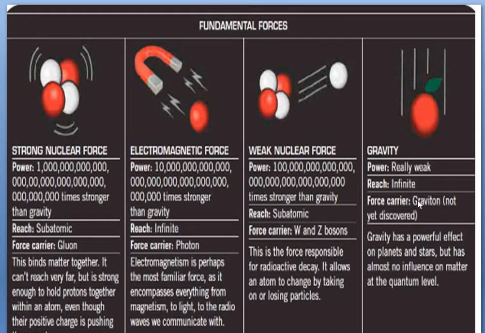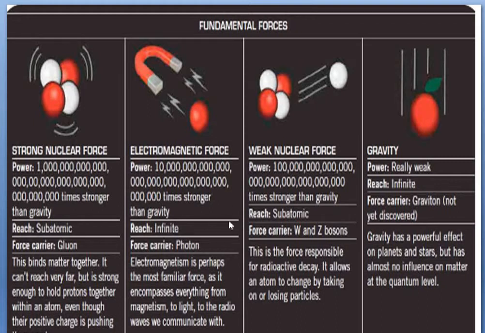We call these particles field particles because they are responsible for field interaction. Gluons, photons, W and Z bosons and gravitons are field particles, which are exchanged during the interaction of the force. We also call these particles force carriers.